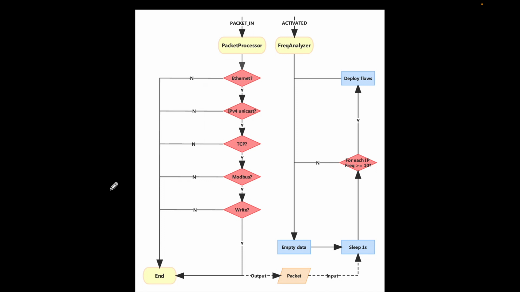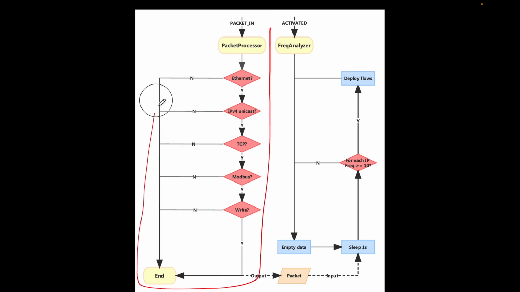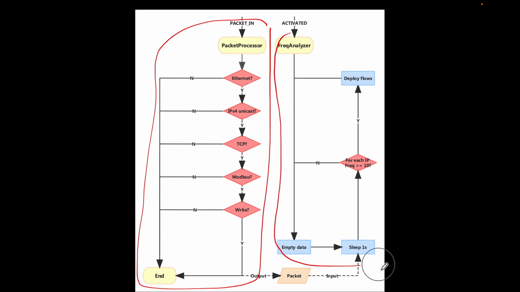Here's the flow chart of the ONOS app to defend the Modbus TCP attack. We have here the packet processor, and there the frequency analyzer. In the packet processor, for every packet that comes in, we will decide if it is an Ethernet packet.